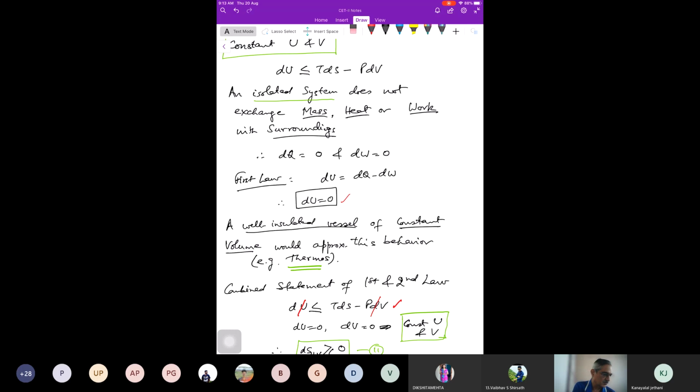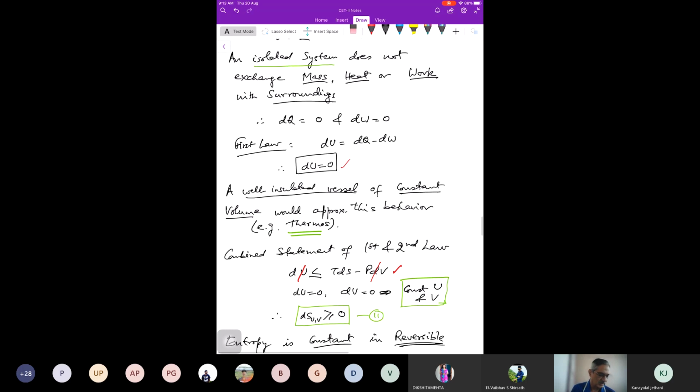So this term remains: dS for a constant internal energy and constant volume system is greater than or equal to 0.